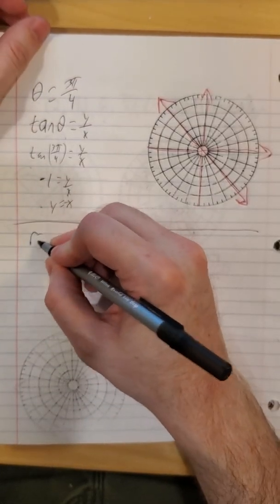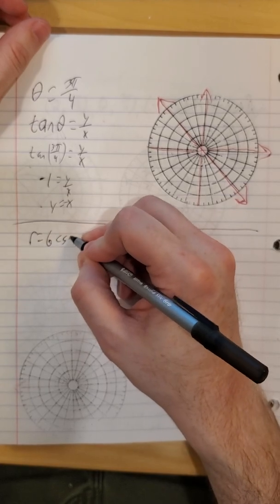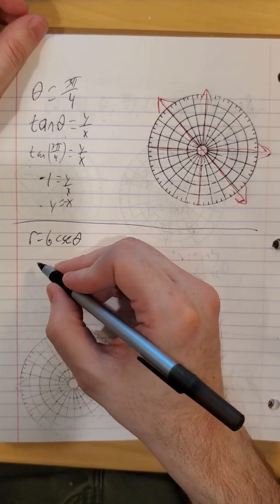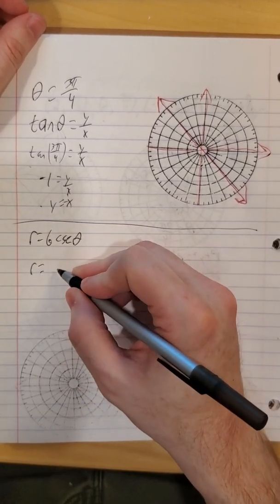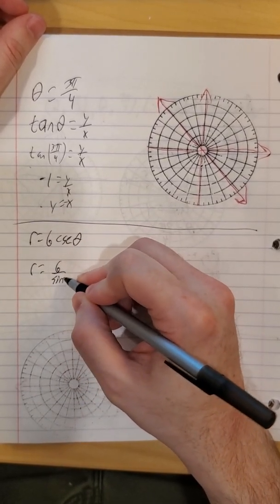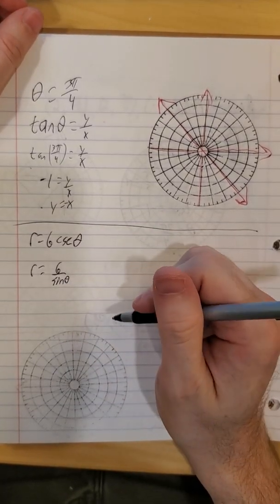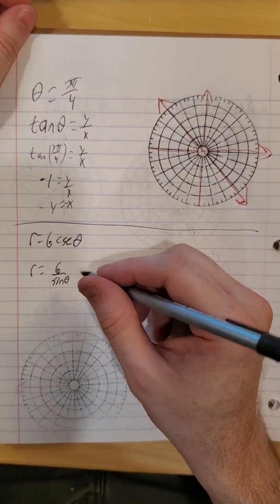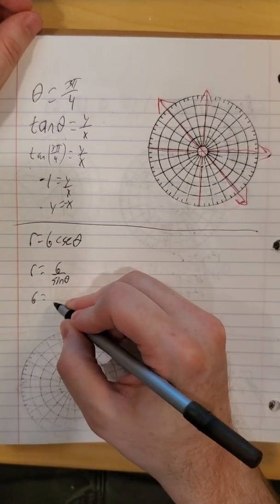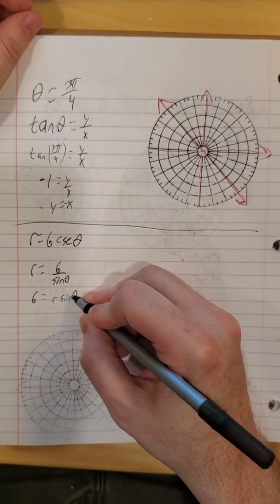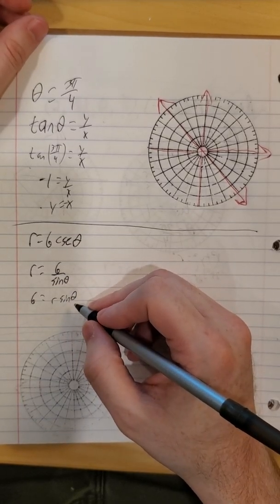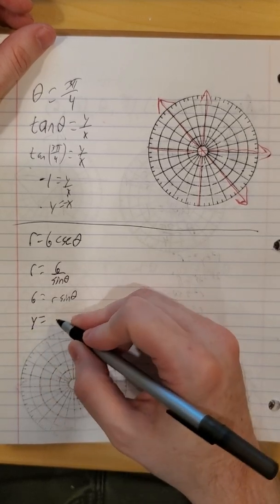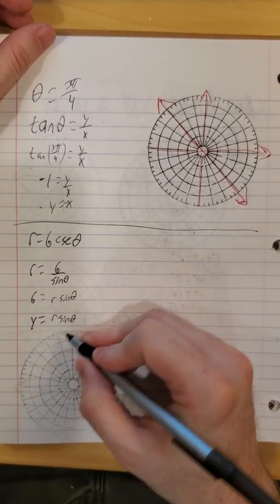They may give us one of r equals 6 cosecant theta. Well, I like to kind of see them with sines and cosines, so I usually take one step and just rewrite them that way. So r is 6 over sine theta. So 6 is equal to r sine theta. Well, remember our definition at the beginning, y was r sine theta.